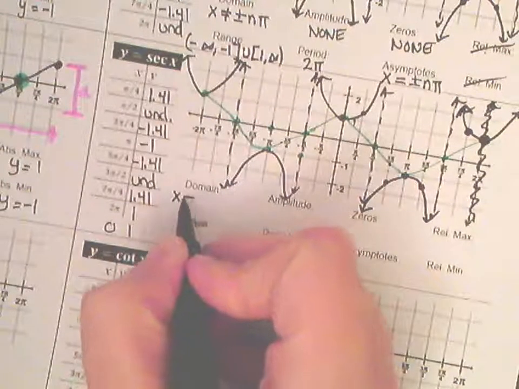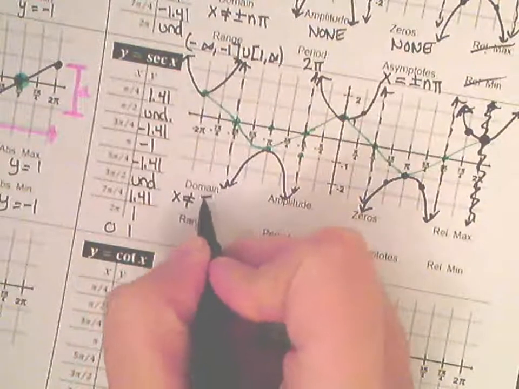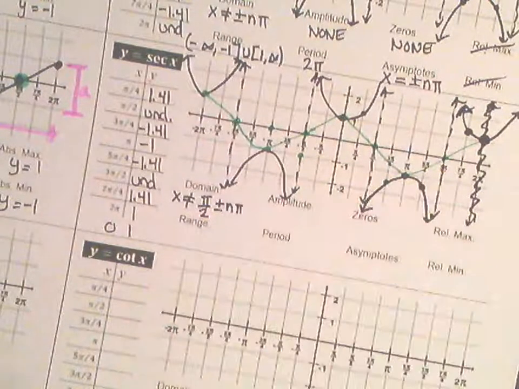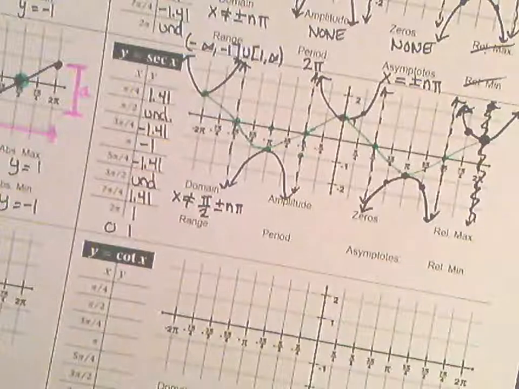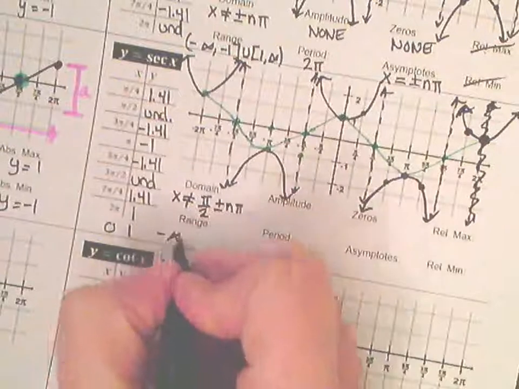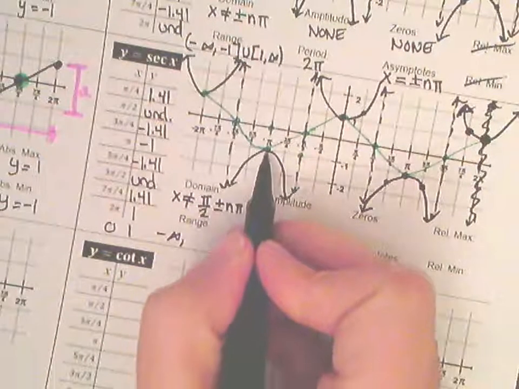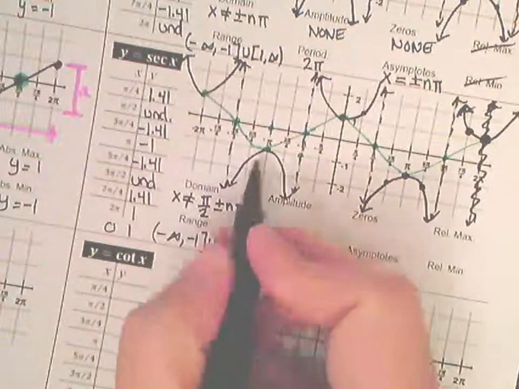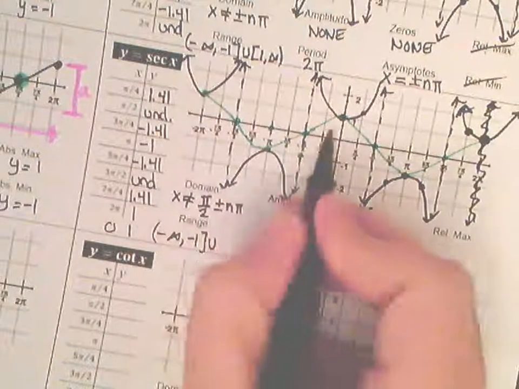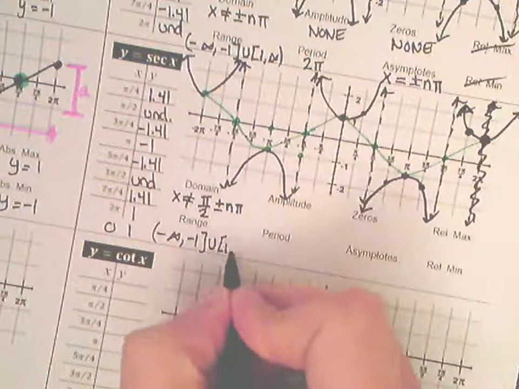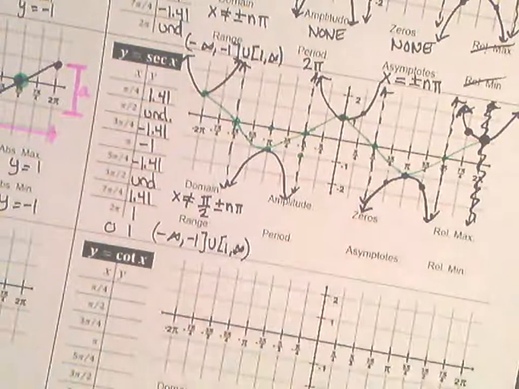So we say that x cannot be at pi over 2 plus or minus n pi. And the same with our range. It starts at negative infinity and it goes up to negative 1. It is included, union. There's nothing happening in between negative 1 and 1, so it picks up again at 1 and goes to positive infinity.